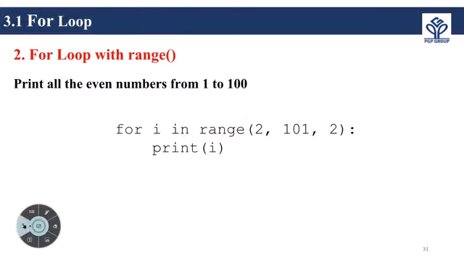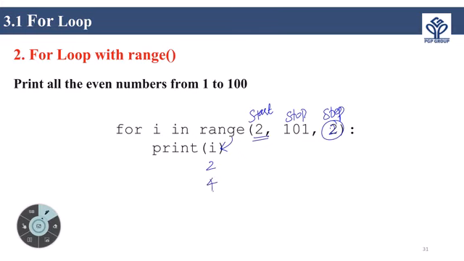Next one, for loop with range, print the even numbers from 1 to 100. For example, as I already told you, we use the syntax start, stop, step. Clear? So for i in range of starting value 2, the first printed is 2, stopping value 101, but skip by 2, even numbers only.